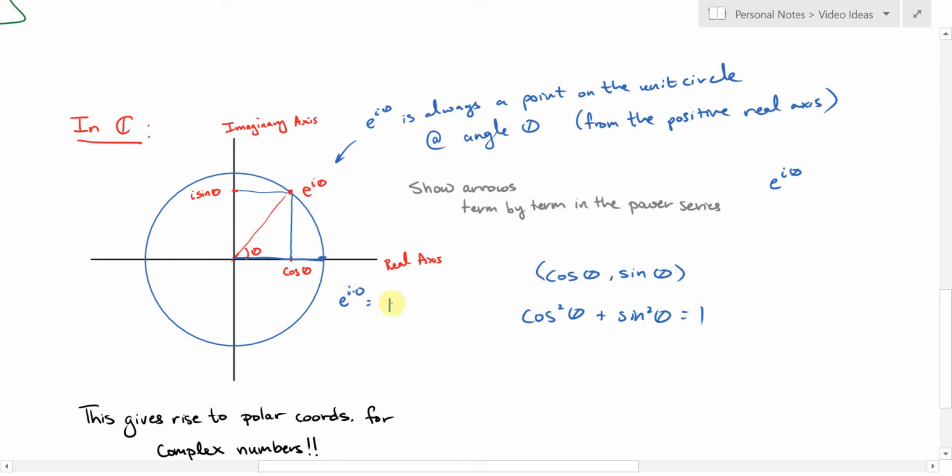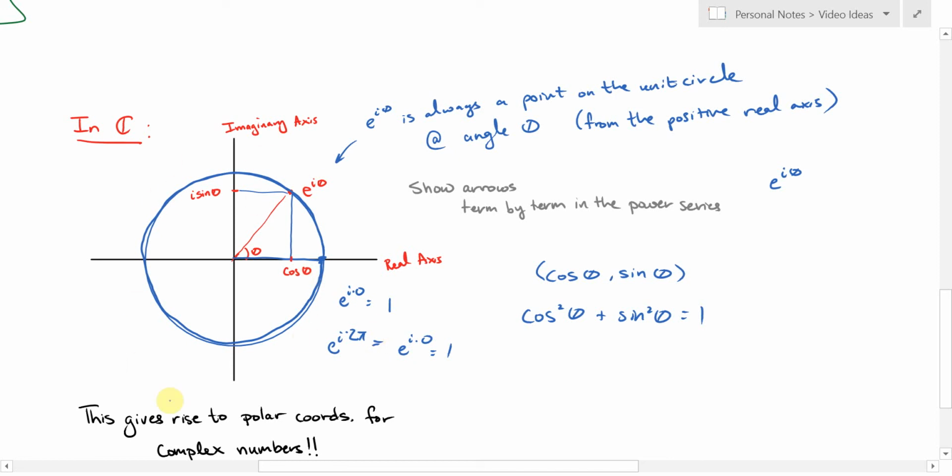And as you let θ increase, what's happening is you traverse the unit circle as θ gets bigger and bigger and bigger. And indeed, when θ hits 2π, you end up right back where you started. e^(i·2π) is equal to e^(i·0) is equal to 1. And then it just continues again and again.